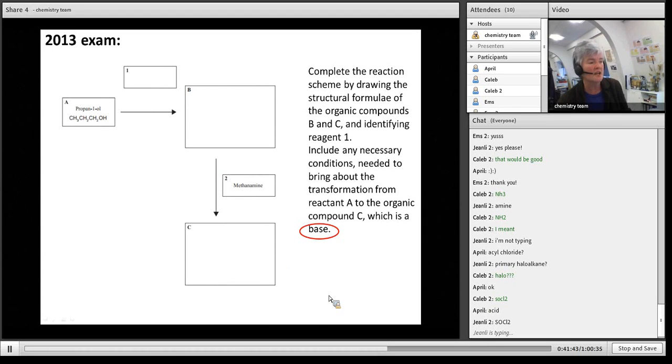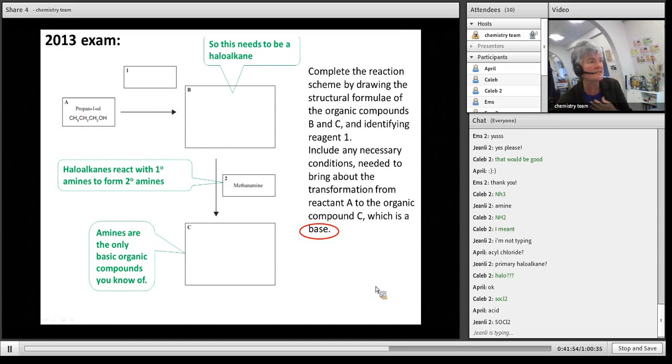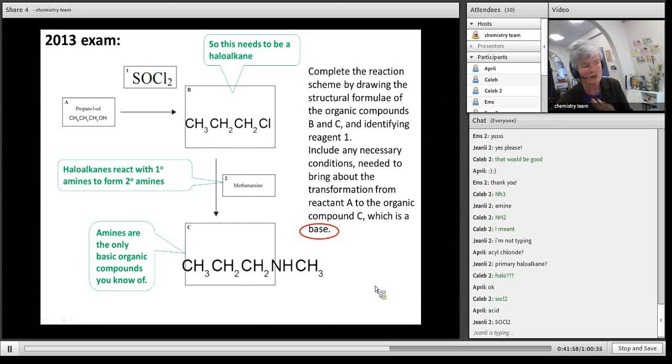So you know you're getting to an amine. You know that you've only really one reaction that reacts with primary amines, and so we just put it all in, and there's your answer. This one is still basic because it still has its lone pair. Okay, not that bad.